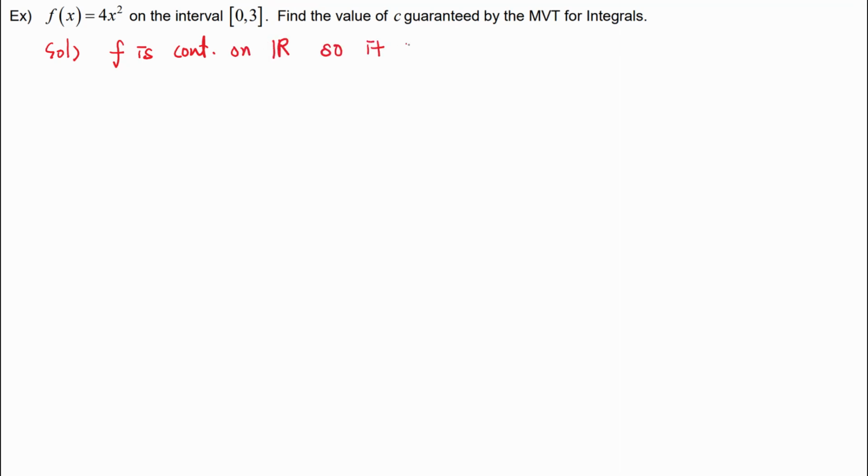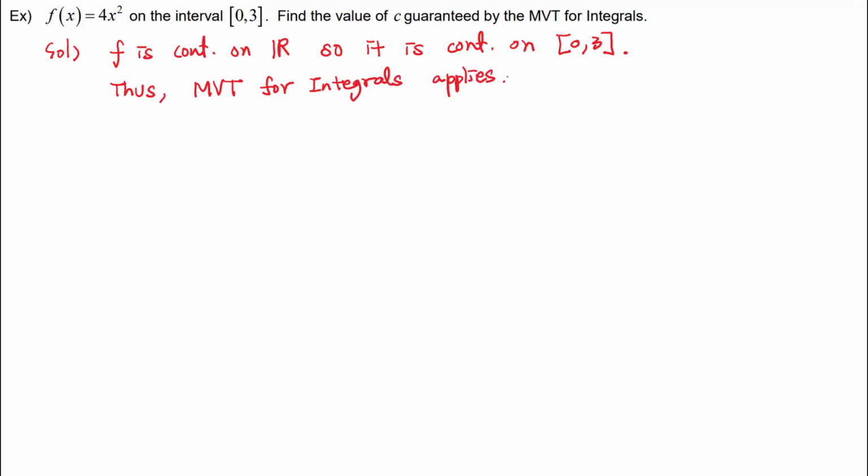So it is continuous on the closed interval 0 to 3. Thus, the mean value theorem for integrals applies. Therefore, you are convinced that such a c exists that is mentioned in the mean value theorem.